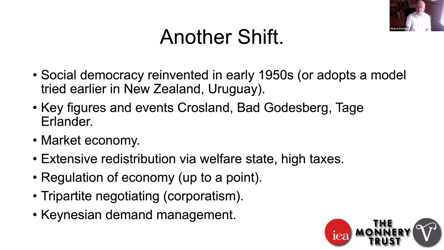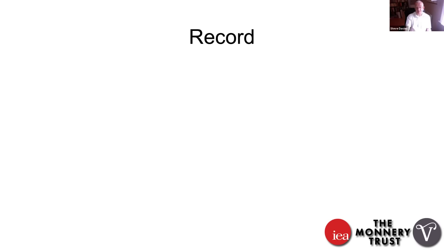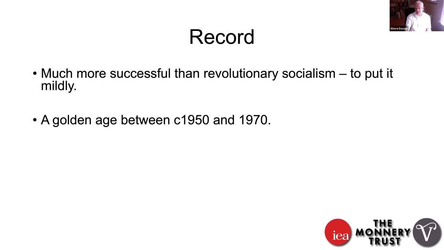So Keynesianism, which had originally not been associated with social democracy, comes to be a central part of the social democratic package. Now, the record of this is much more successful than that of revolutionary socialism, to put it mildly. And between 1950 and 1970, roughly, you have something like a golden age for that kind of policy, and it appears to work really, really well.